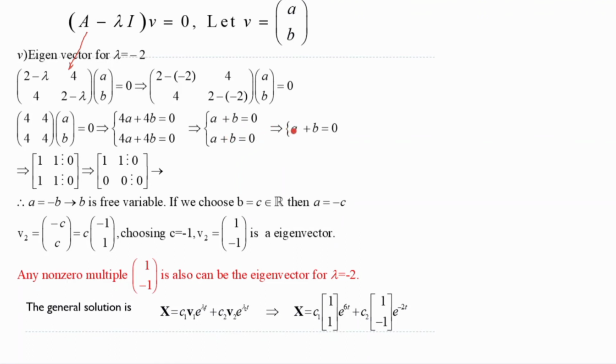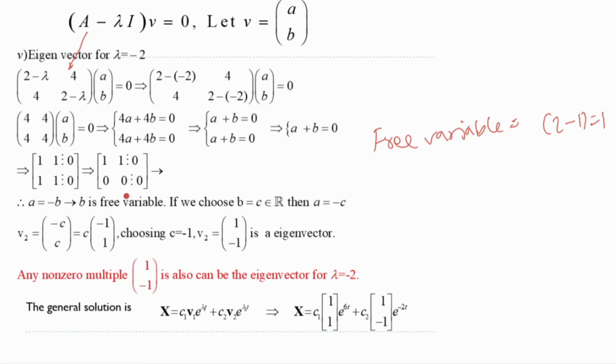So we get only one equation, a plus b equal to 0. That means we have two unknowns and one equation. So we have to choose one free variable, which is 2 minus 1 equal to 1. That means 2 unknowns, 1 equation, so we have one free variable.